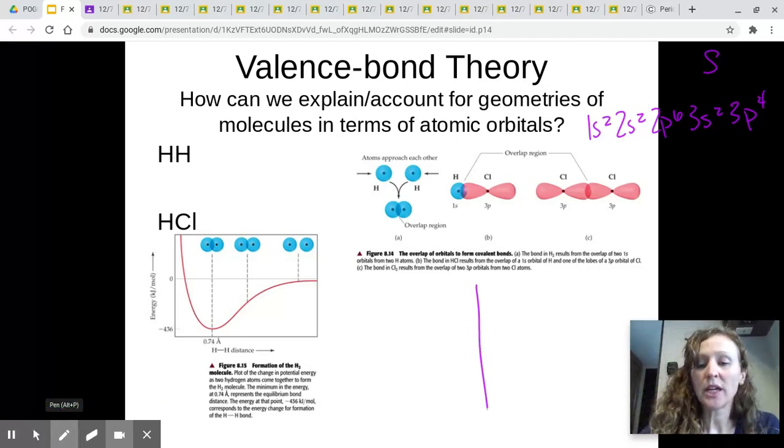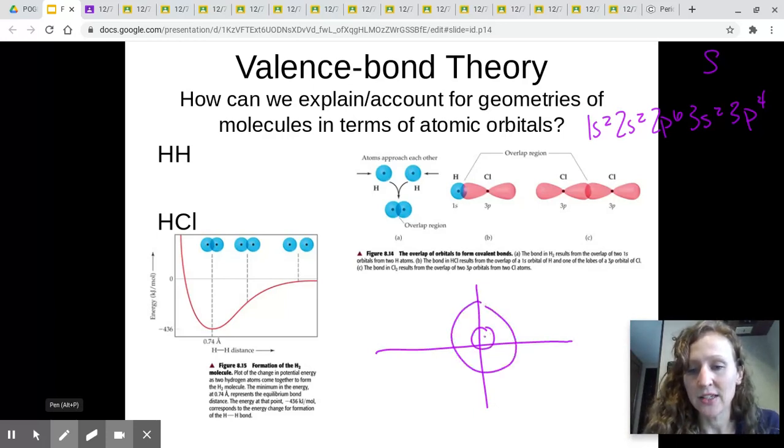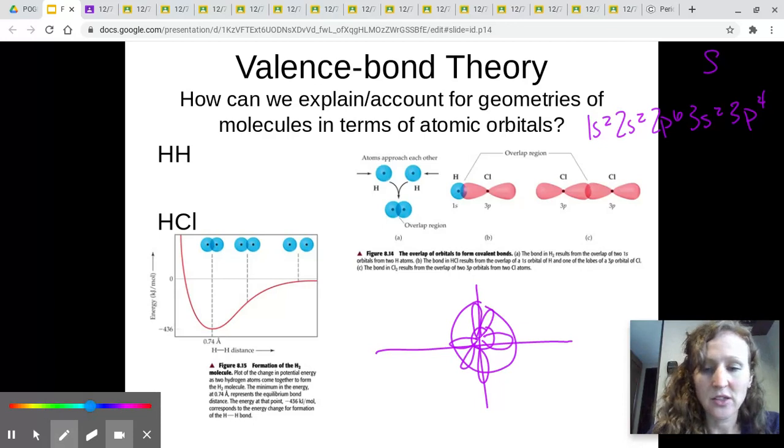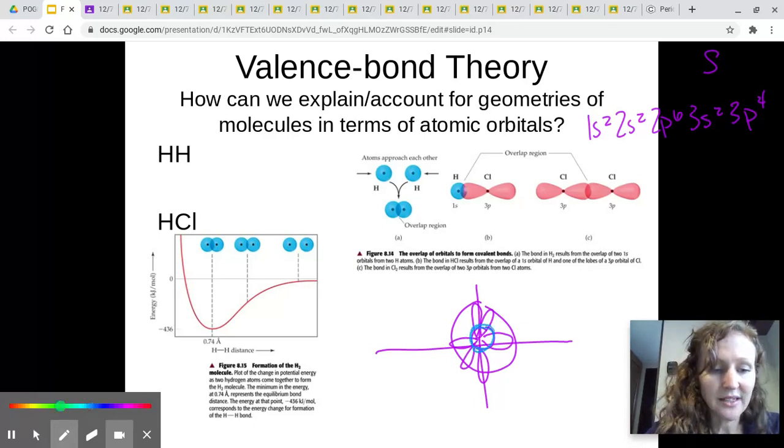If we look at sulfur from a 3D perspective, we will see it has a 1s, it has a 2s, it has 2px, 2py, 2pz. Let's do the 1s in a different color so you can see it. It's going to have a 3s.